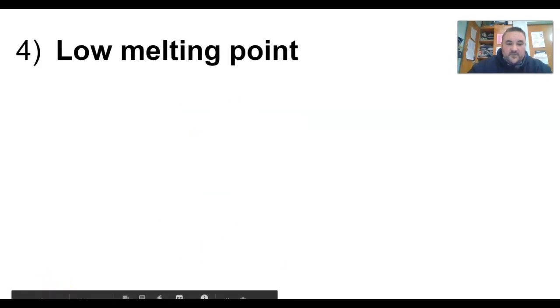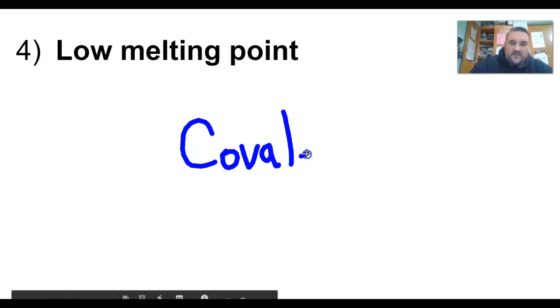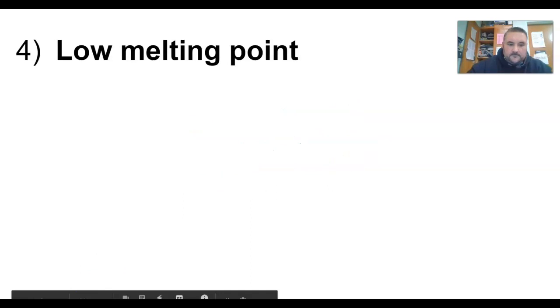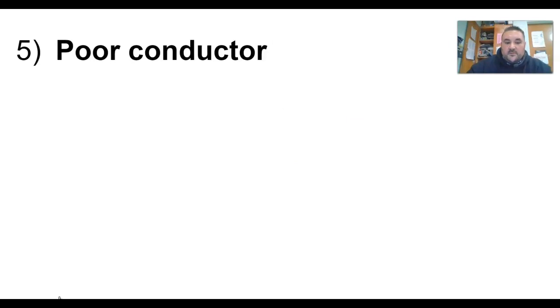Having a low melting point. Now this one's only one. The low melting point, that one, covalent. These are poor conductors.